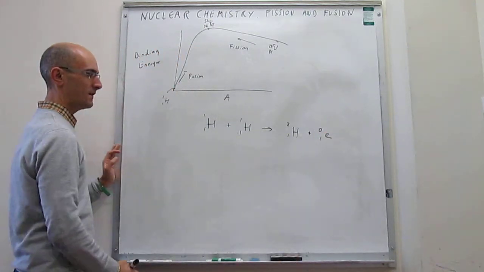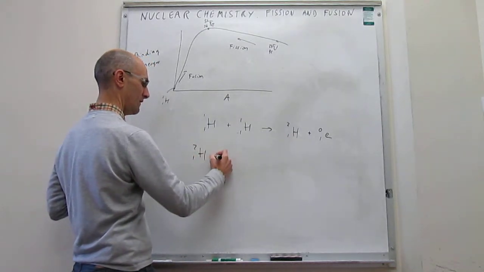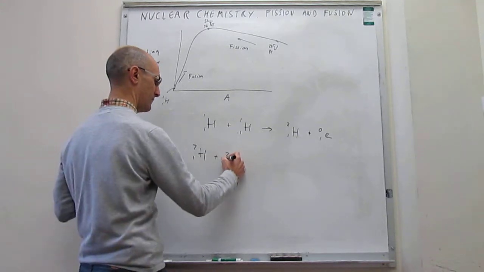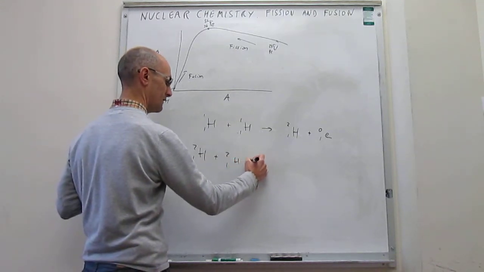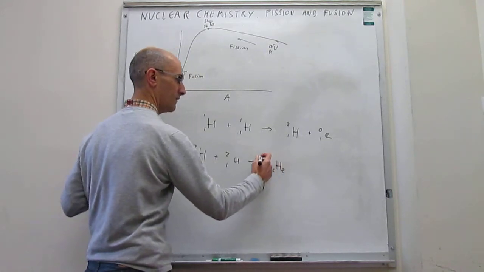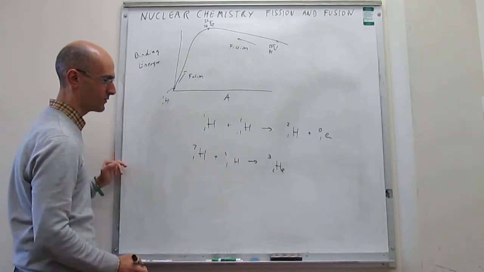And then what you can do is take that deuterium atom and make it react with another deuterium atom, and this can generate now a helium-3 atom, or with a proton in this case. That's how the reaction would be.